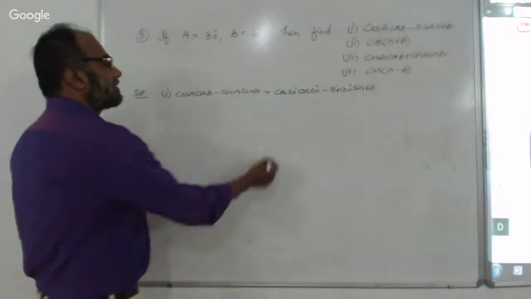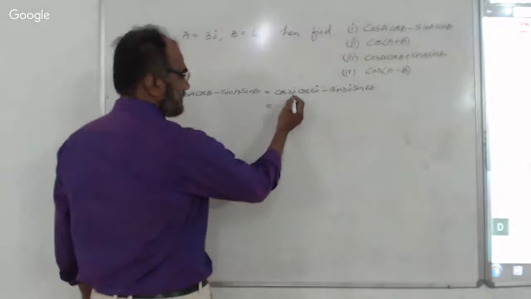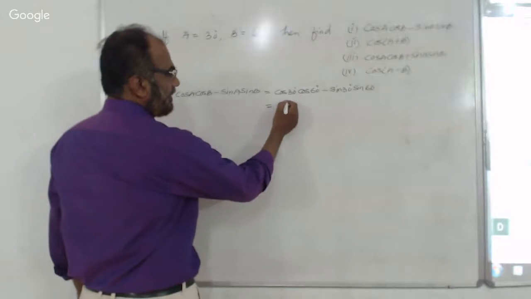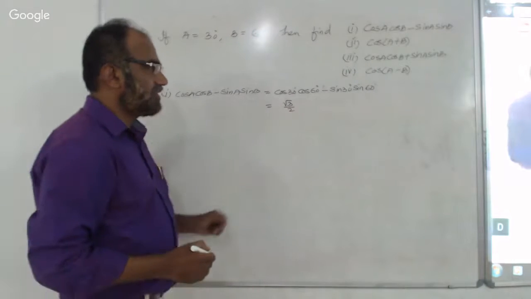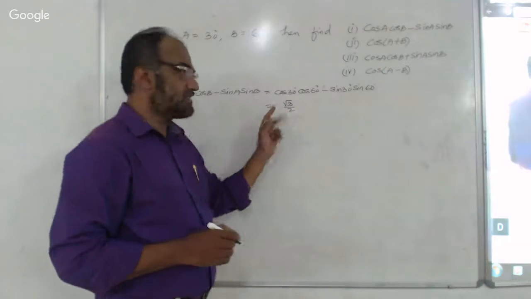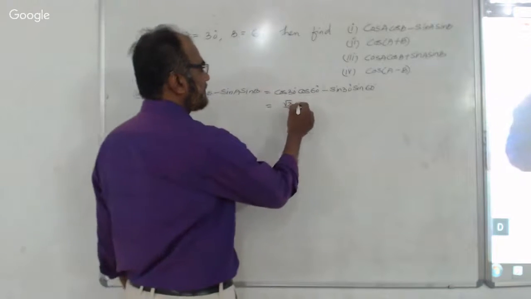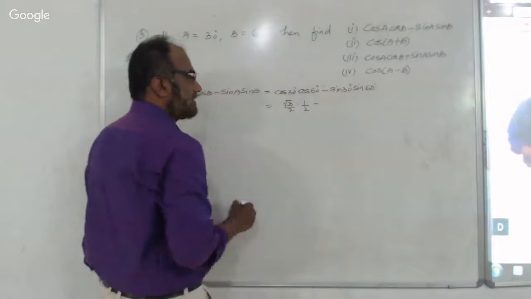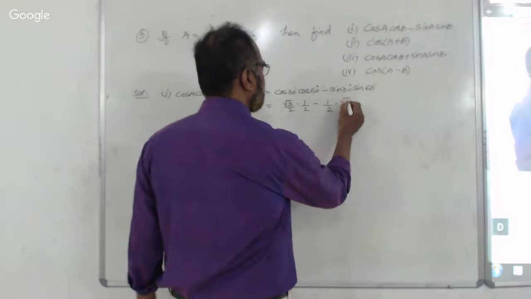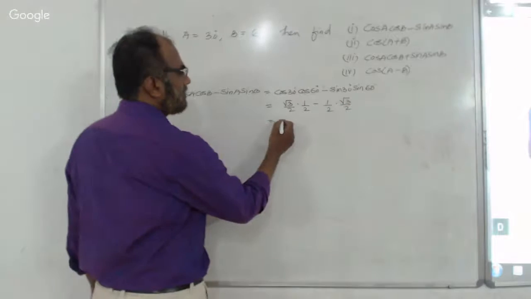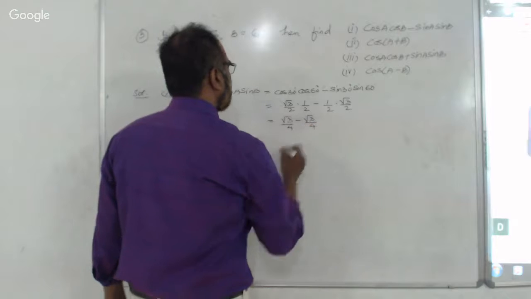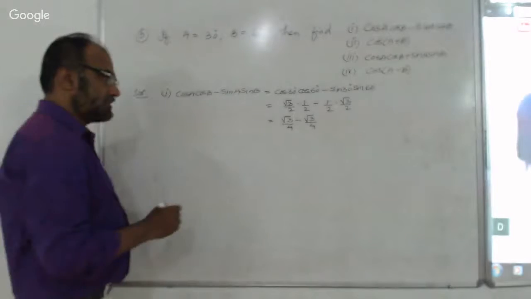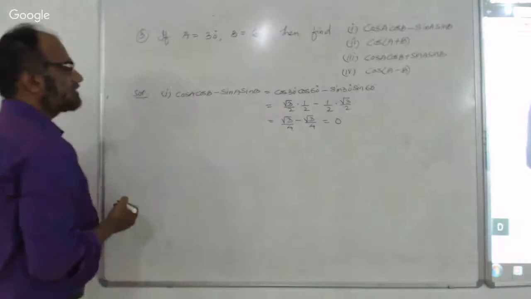Cos 30 is root 3 by 2, from the tabular form where we have written the behavior of all the 6 trigonometric ratios, noted yesterday. So cos 30 is root 3 by 2 into cos 60, which is 1 by 2, minus sin 30, 1 by 2, into sin 60, root 3 by 2. This comes to root 3 by 4 minus root 3 by 4, which is 0. This is the value of cos A cos B minus sin A sin B.